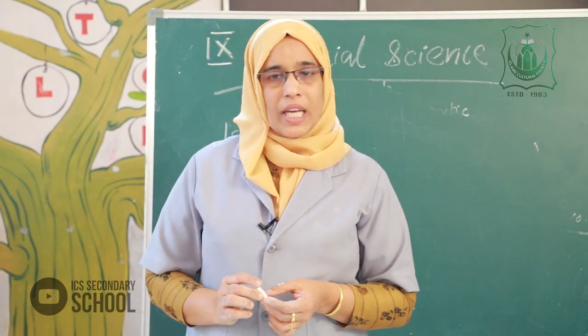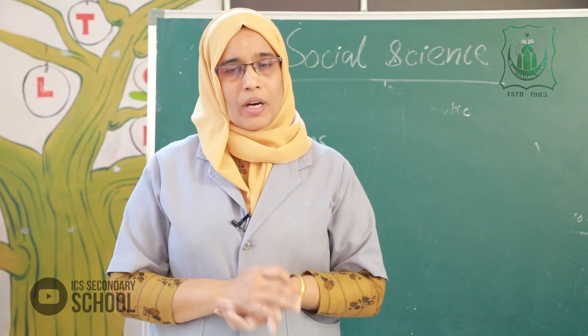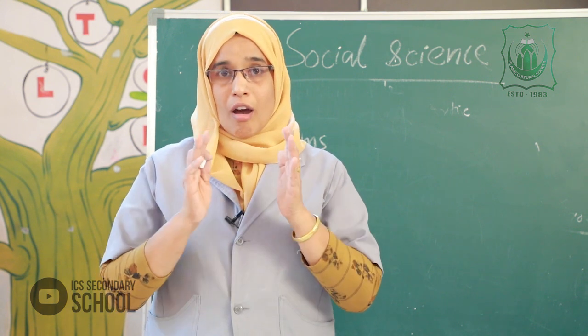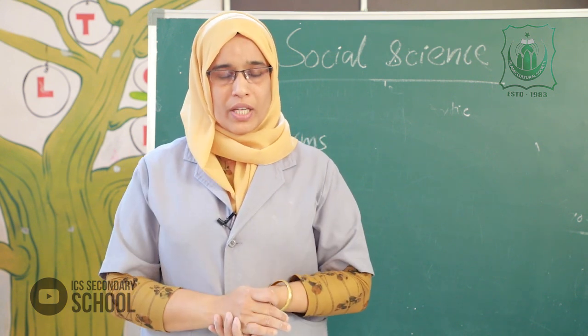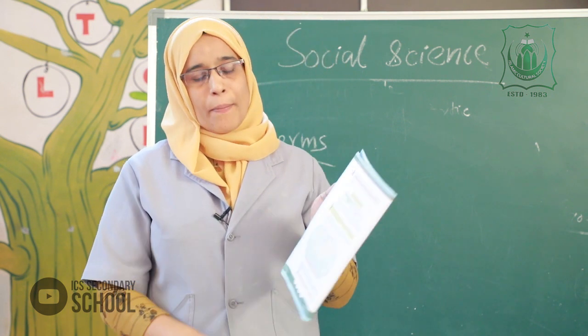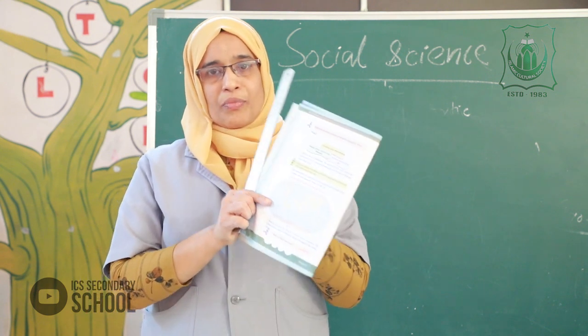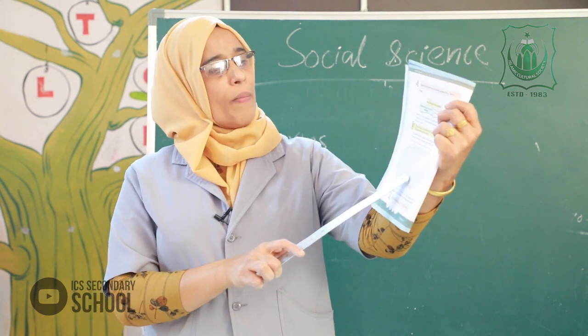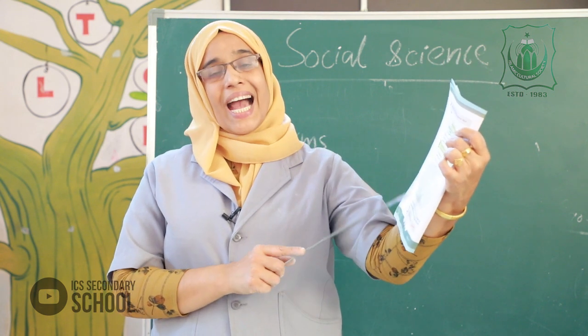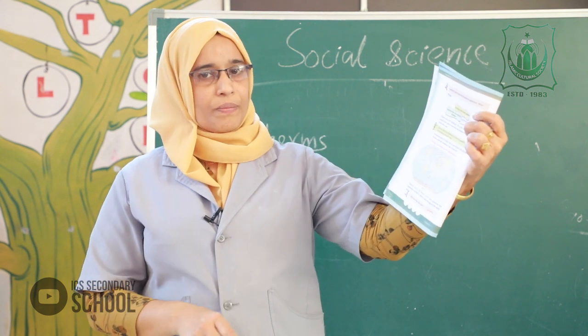Okay, listen. Then we discuss the next part, global distribution of temperature. Look at the textbook, page number 14. Okay, this is the global distribution of temperature. Observe, analyze the picture.